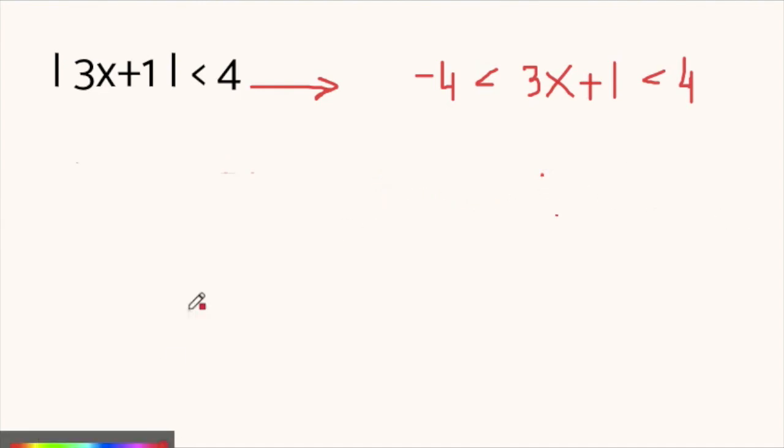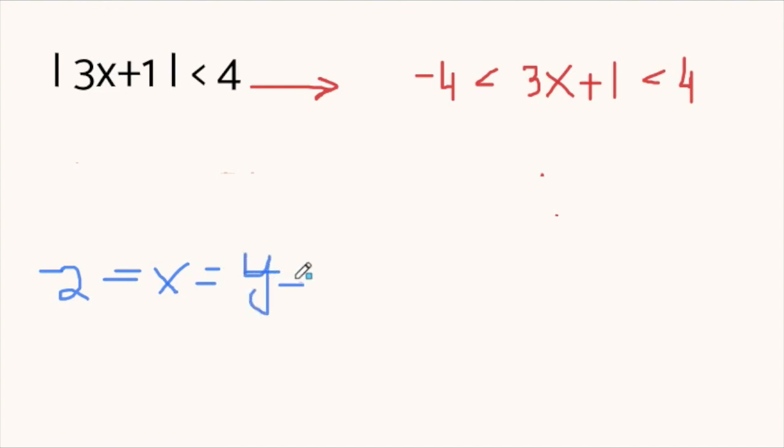Let's solve them both together to show you how you would do that. Whatever you do with this, you need to do on both sides. So imagine this as something like -2 less than x less than y plus 2, for example. Whatever you do here, you would have to do also here.